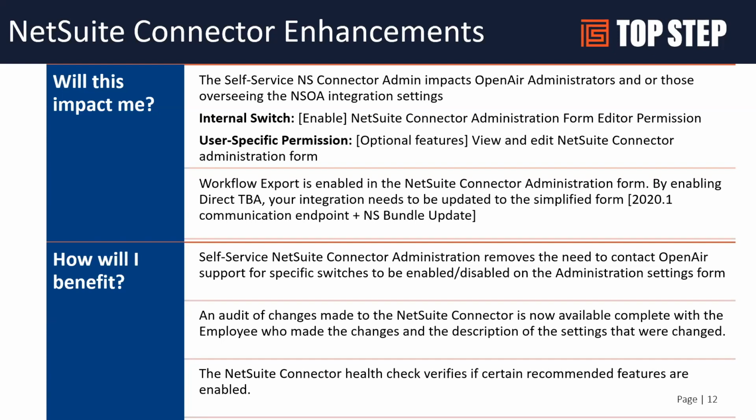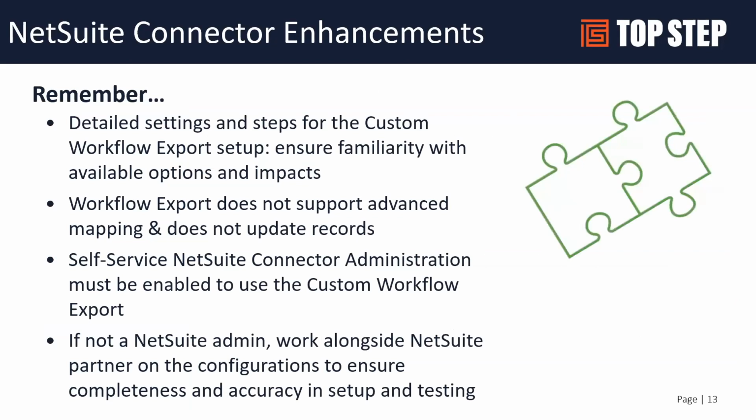As I mentioned, we can see that audit of changes made to the connector, and we can see the description of those changes. So if a workflow was turned off, we'd be able to see who turned it off and which workflow they turned off. Some good stuff there for the NetSuite connector and those changes as part of the October release.